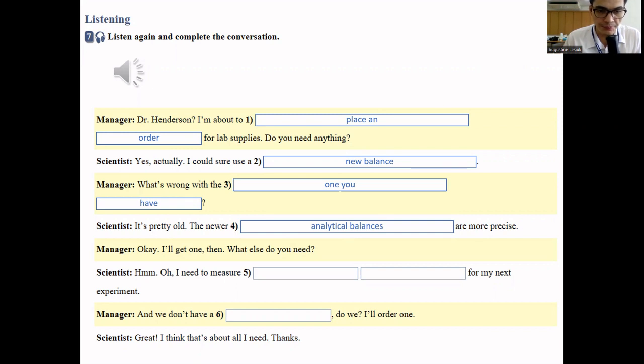Okay, I'll get one then. What else do you need? Oh, I need to measure brightness levels for my next experiment. And we don't have a spectrophotometer, do we? I'll order one. Great. I think that's about all I need. Thanks.